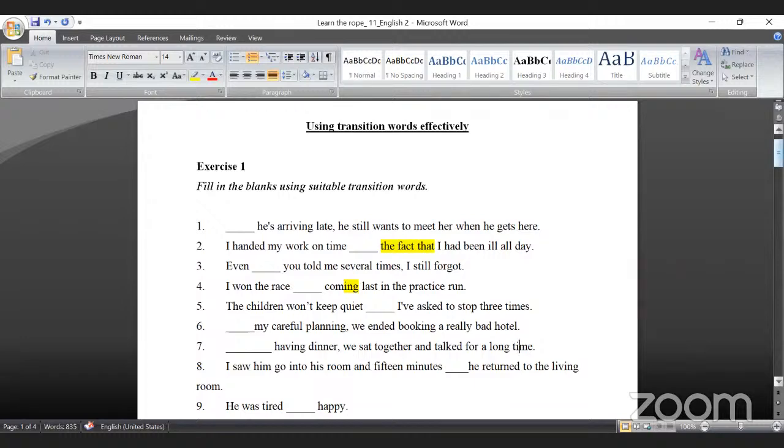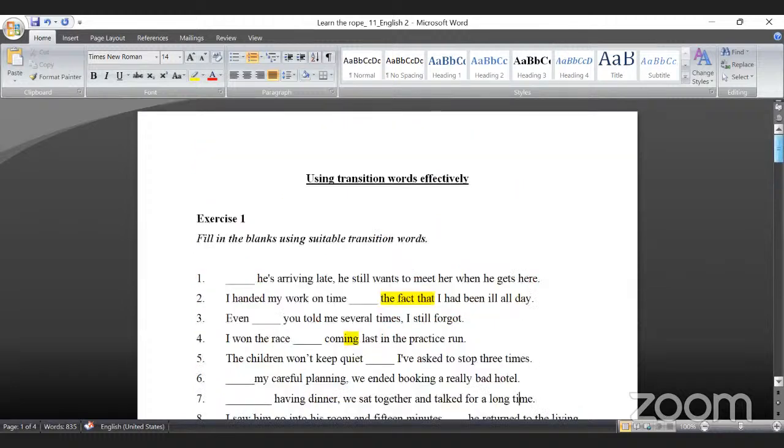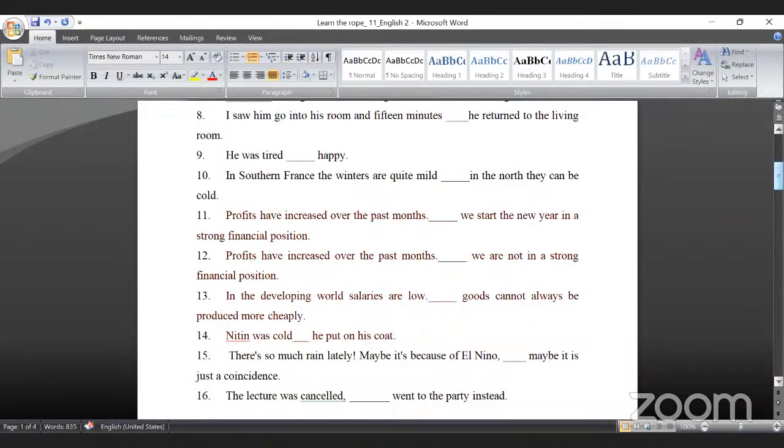He was tired dash happy. 9th one. This is an example of contrast. Though. He was tired though happy.